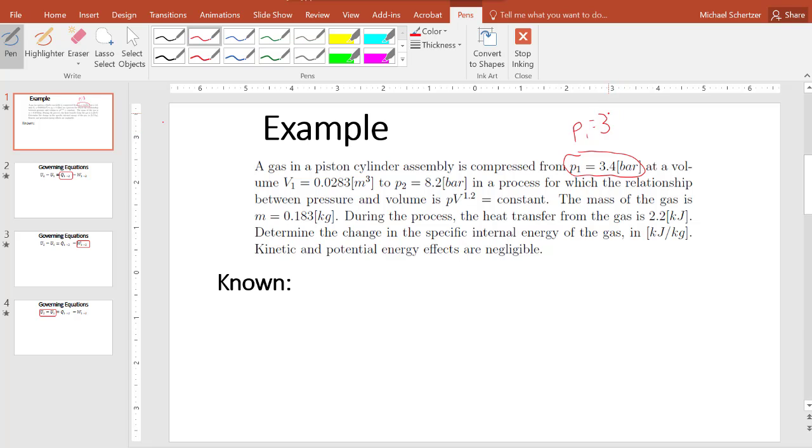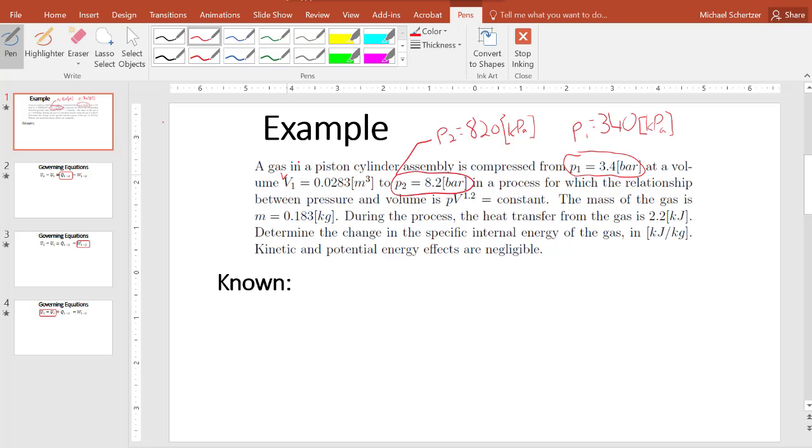So this is 340 kilopascals. I'm going to do the same thing to P2. This is going to be 820 kilopascals.